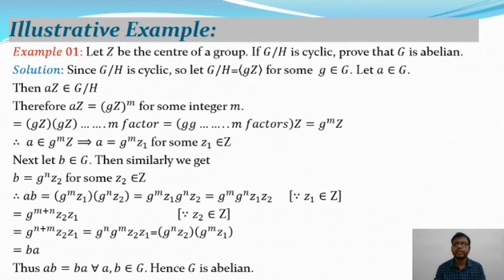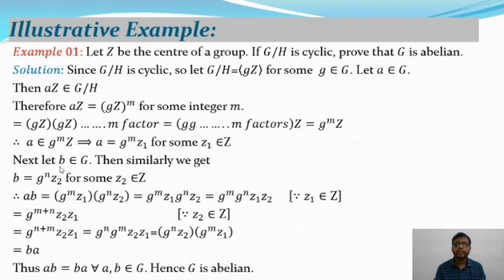I know that G/Z is a cyclic group. So (gZ)^m can be written as gZ·gZ up to m factors. And applying the quotient group, we get g·g up to m factors times Z, that is g^m Z. So therefore a belongs to g^m Z, which implies a is equal to g^m z1 for some z1 belonging to Z, where z1 is any element in Z, and Z is the center of the group.